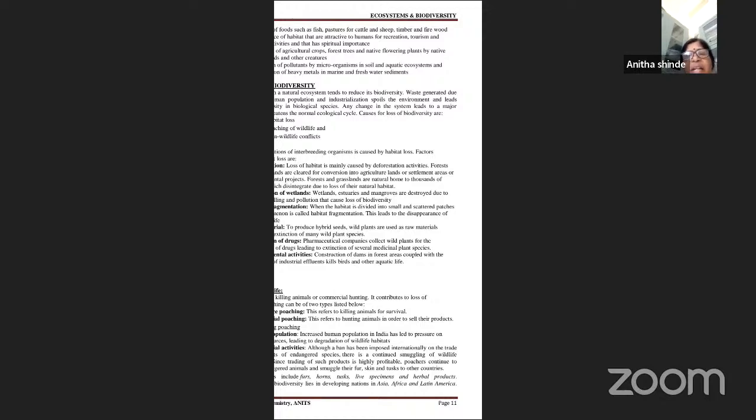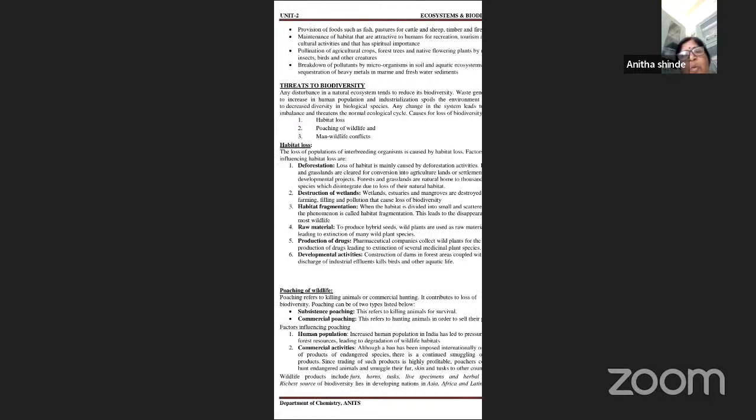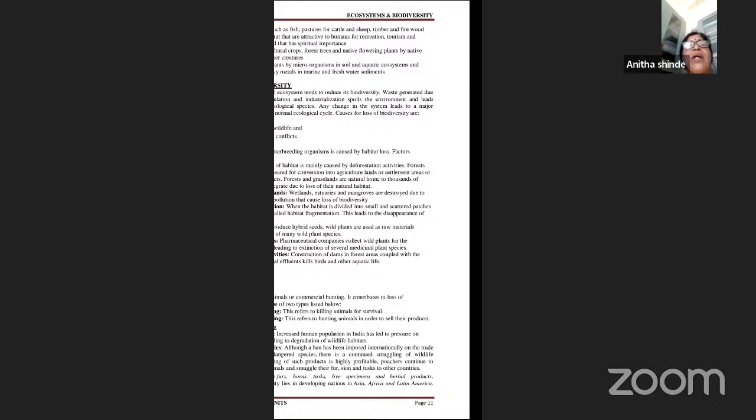Then commercial activities have also gone up. So all these have to be cut down, because poaching is a threat to biodiversity. We should see that there is no habitat loss. Then the wildlife should also be conserved, and wildlife conflicts also have to be cut down to maintain the biodiversity.